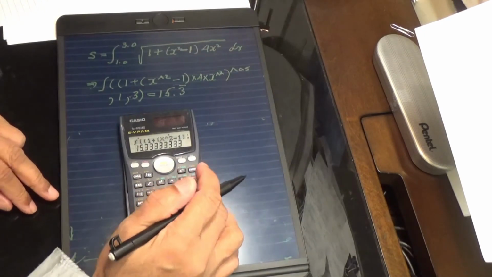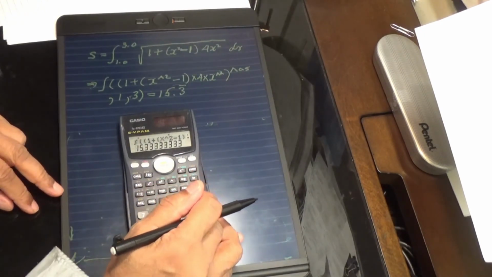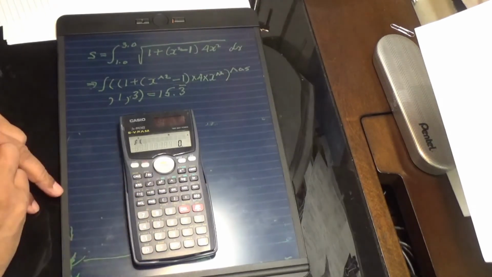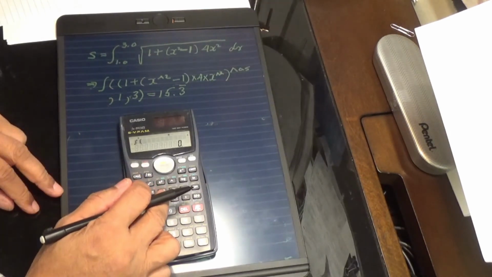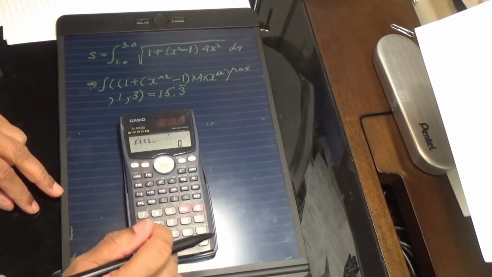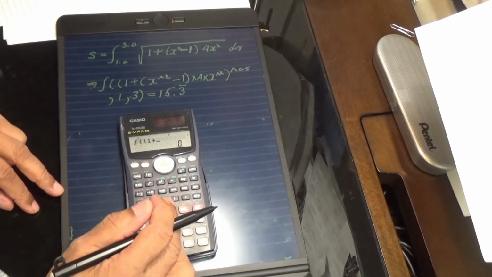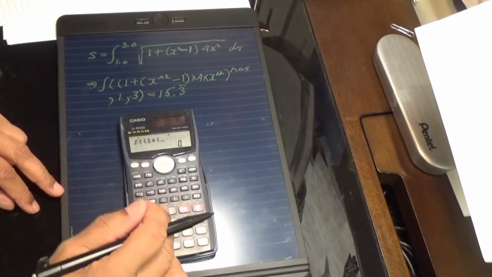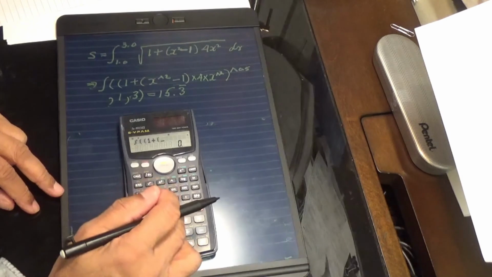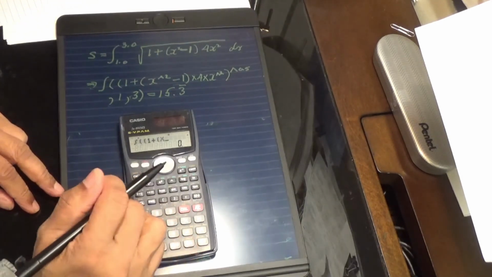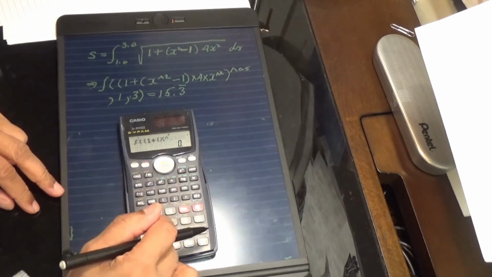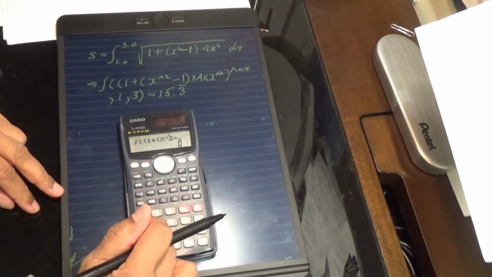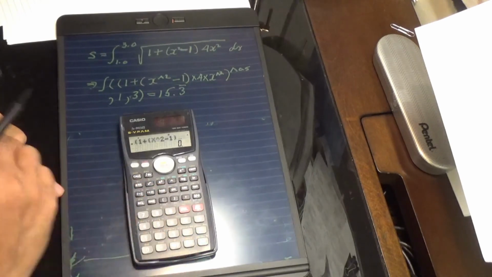I'm going to just quickly run through this once more. I'm going to clear this. I'm going to go to the integral sign. I'm going to open the second set of brackets. 1 plus, open another set of brackets, x, so alpha x hat 2, so that's the square right there, minus 1, and close the bracket.